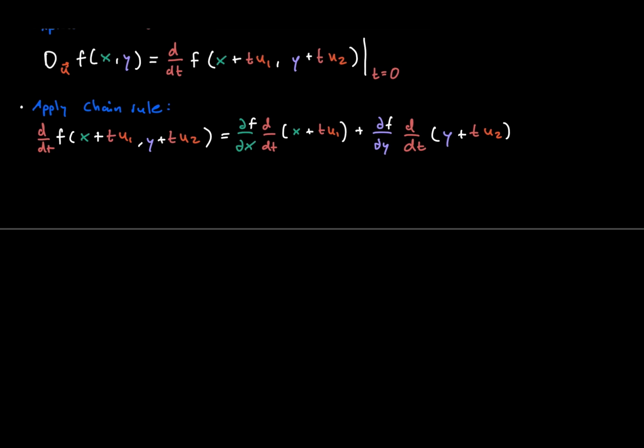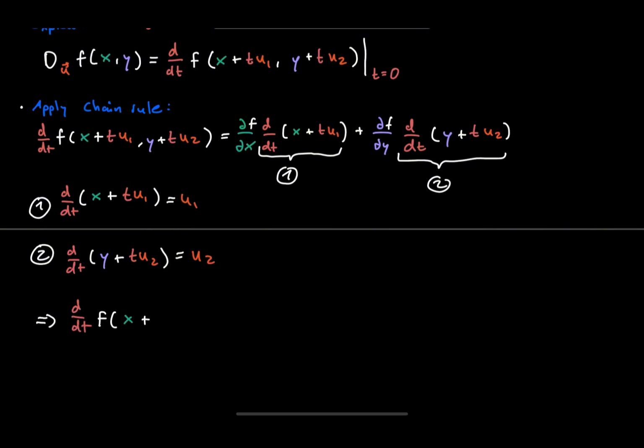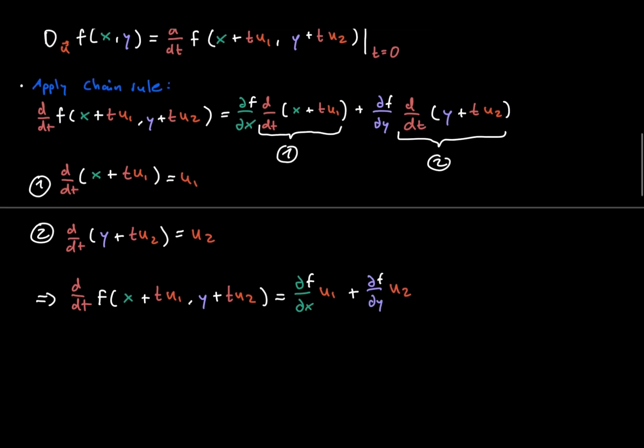Now compute the inner derivatives. The derivative of x plus t u1 is just u1, and the derivative of y plus t u2 is u2. So the whole expression becomes partial f with respect to x times u1 plus partial f with respect to y times u2.